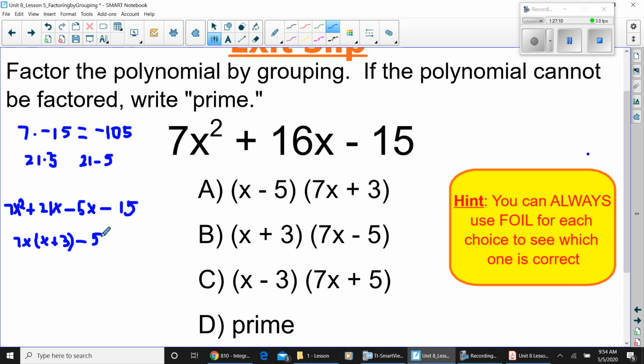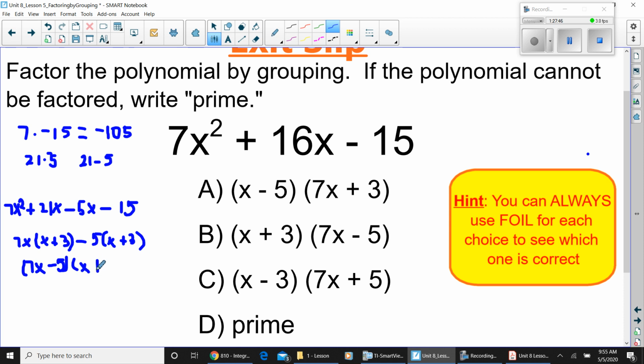5 is the greatest common factor. And x plus 3. So it would be 7x minus 5 times x plus 3.